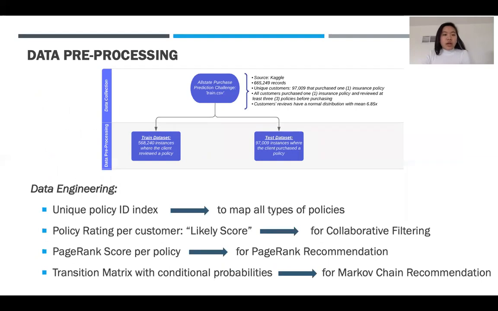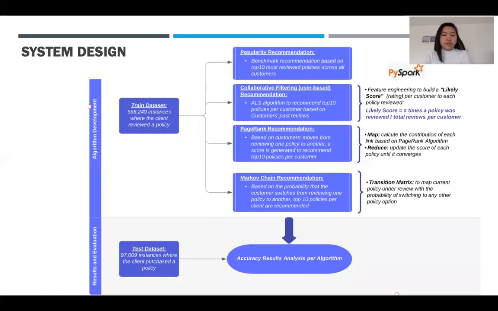And for the data engineering, we combined the possible values for each option into a policy ID, so we can use that ID to uniquely identify the different policies. We also created a likely score, PageRank score, and transition matrix with conditional probabilities for each of our models.